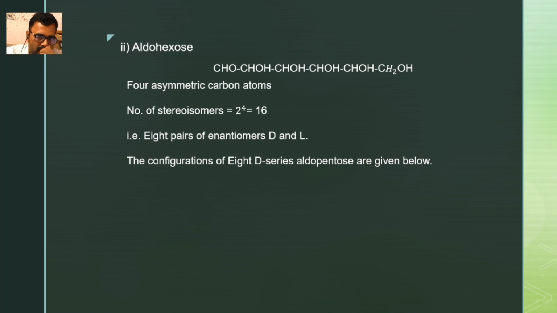So the configurations of the 8 D series aldohexoses are given below. Okay, so this is the first structure of aldohexose, in which we can observe that the carbonyl group is at the top and the CH2OH group at the bottom.